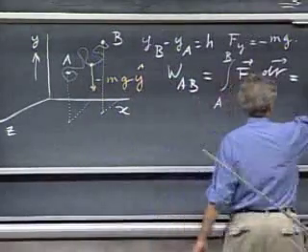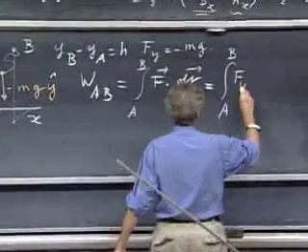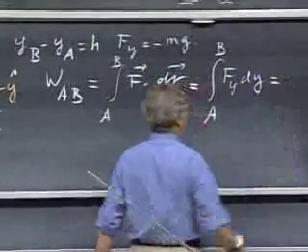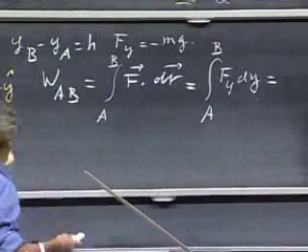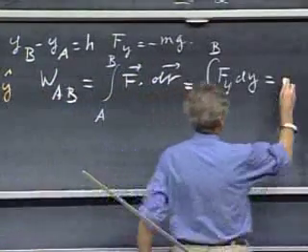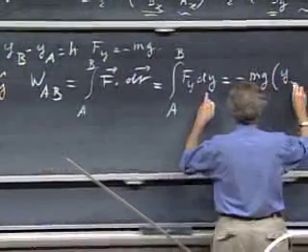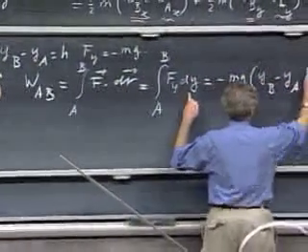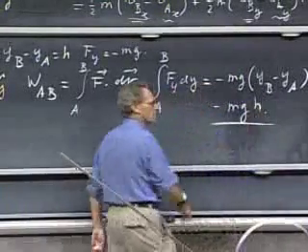So it is the integral from A to B of F y dy. And that equals minus mg, because we have the minus mg, times y of B minus y of A, so that is minus mg times h.